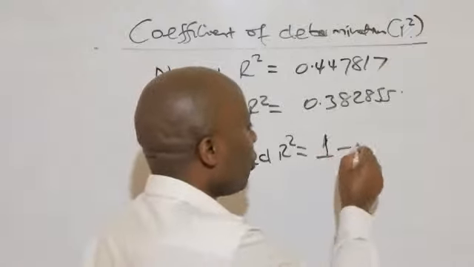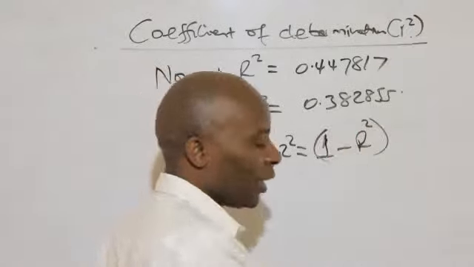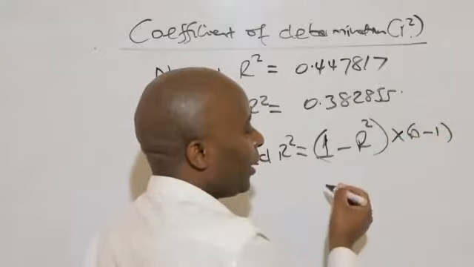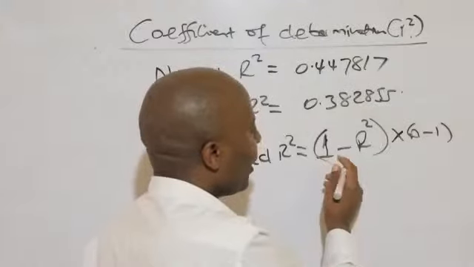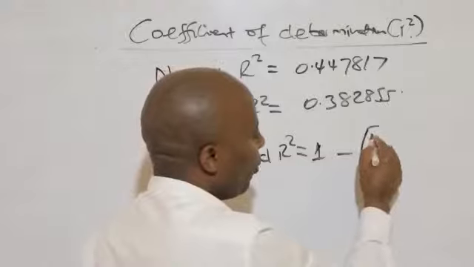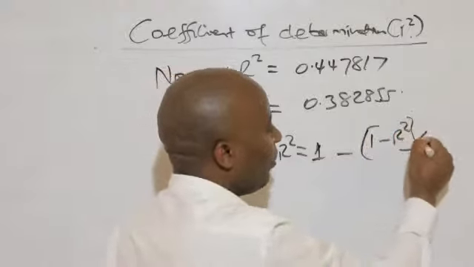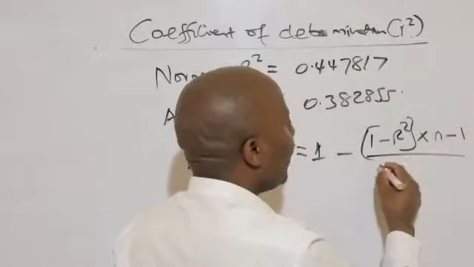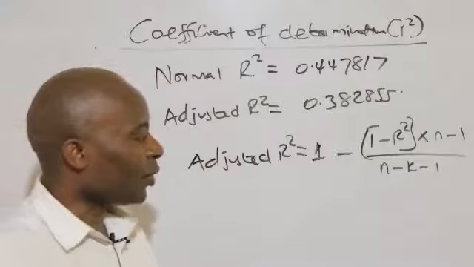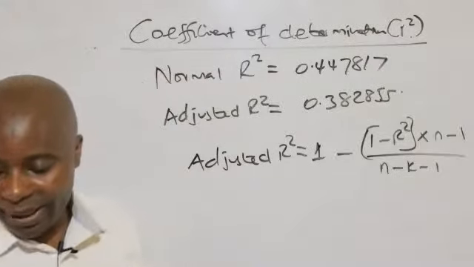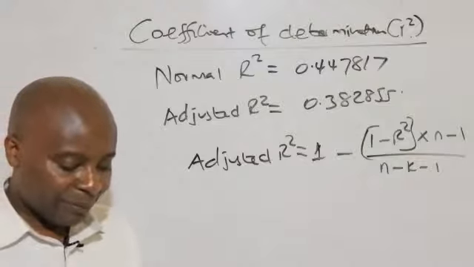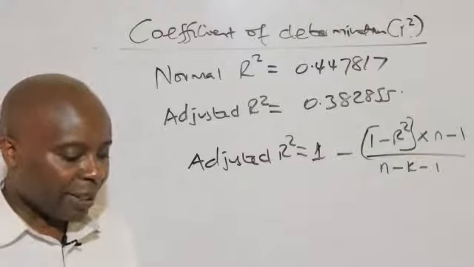It's supposed to be 1 minus: 1 minus R squared multiplied by n minus 1, and then divided by n minus k minus 1. N minus k minus what here, somebody? Minus 1. N minus k minus 1.